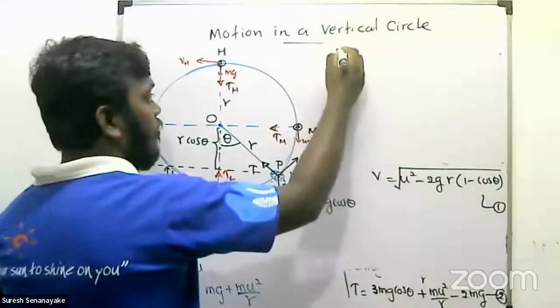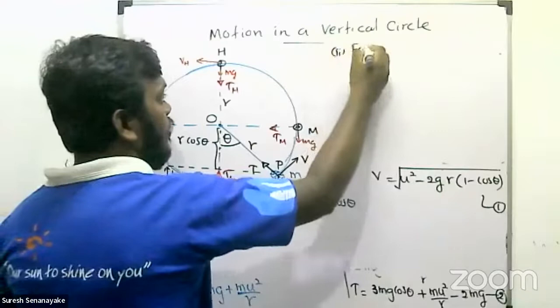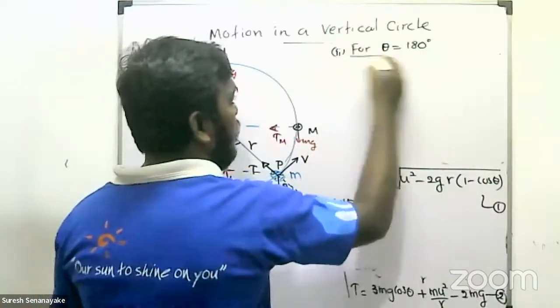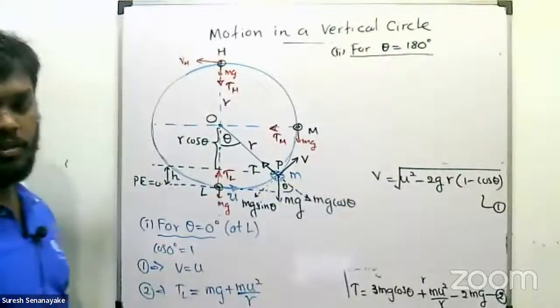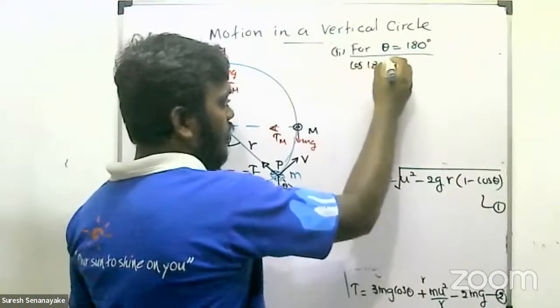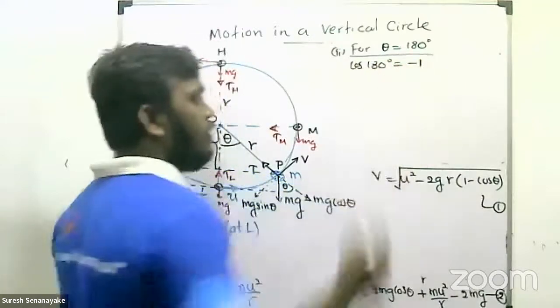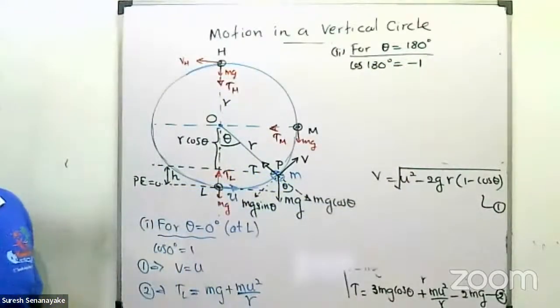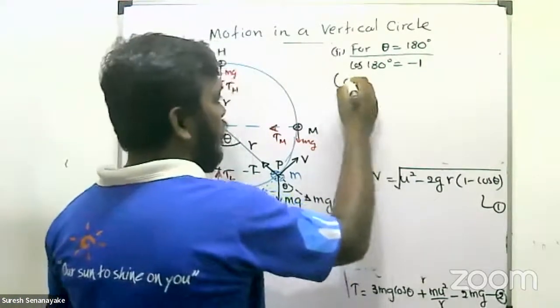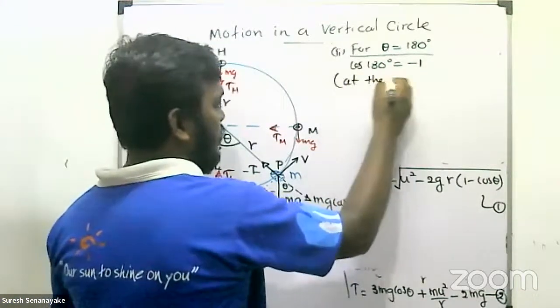Then the second one I'm considering is theta equals 180 degrees. That's cos 180 equals minus 1. So that is right at the highest point.